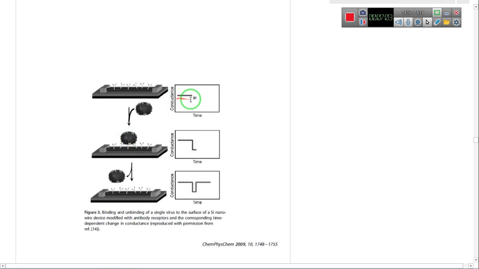For example, we have the conductance here, and when they are adhered, the conductance will decrease. It means that the resistance, the impedance, has been increased. And when these are detached, you see that we have again the increase in the conductance or the decrease in the impedance.